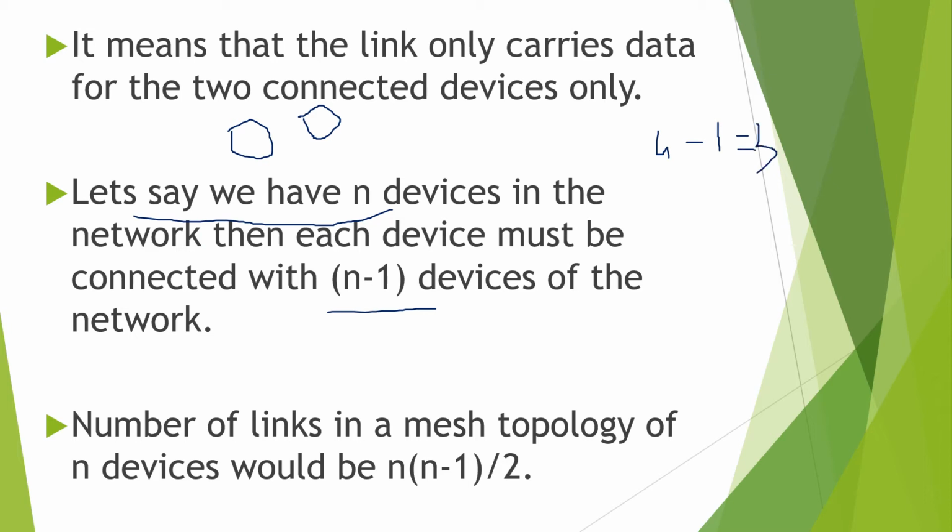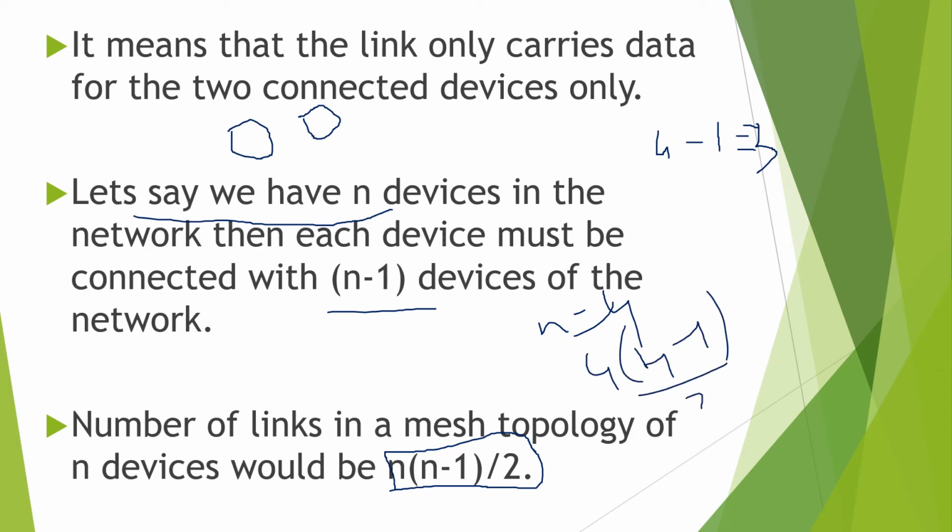Each device is connected to three other devices. If we want to know how many links are needed, we have another formula, which is n into n minus 1 by 2. For example, n equal to 4, then 4 into 4 minus 1 by 2, which is 4 into 3 by 2. 2 times 2 is 4, 2 times 3 is 6.